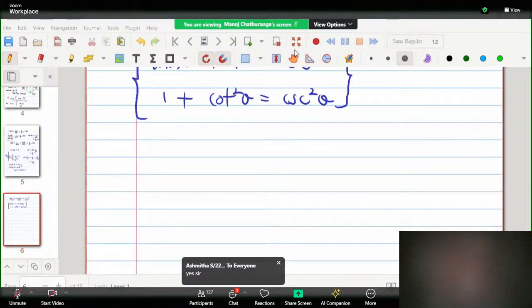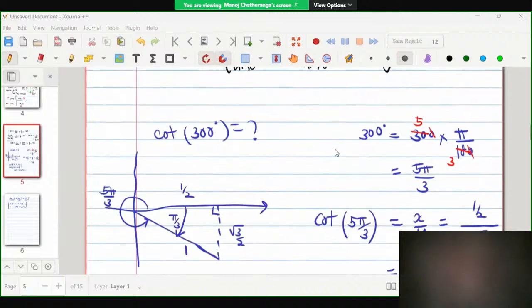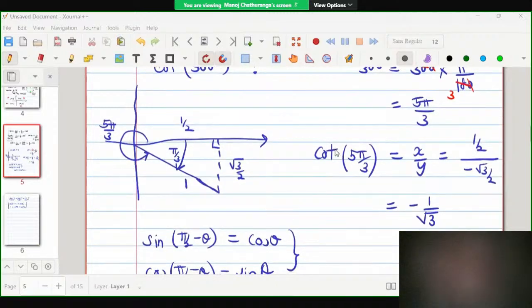Umindo wants to see the computations of cotangent 300.